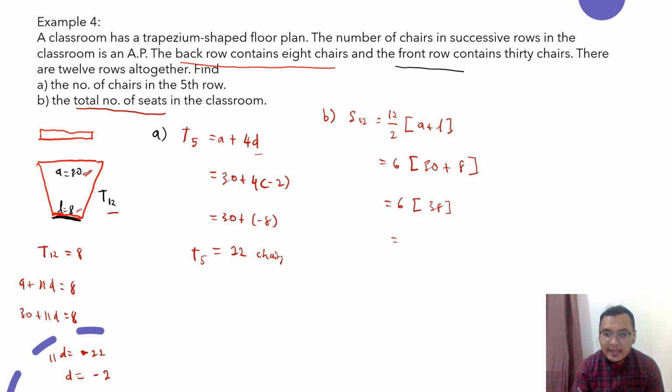So the number of chairs in the classroom is 228 chairs. That's all for this example.